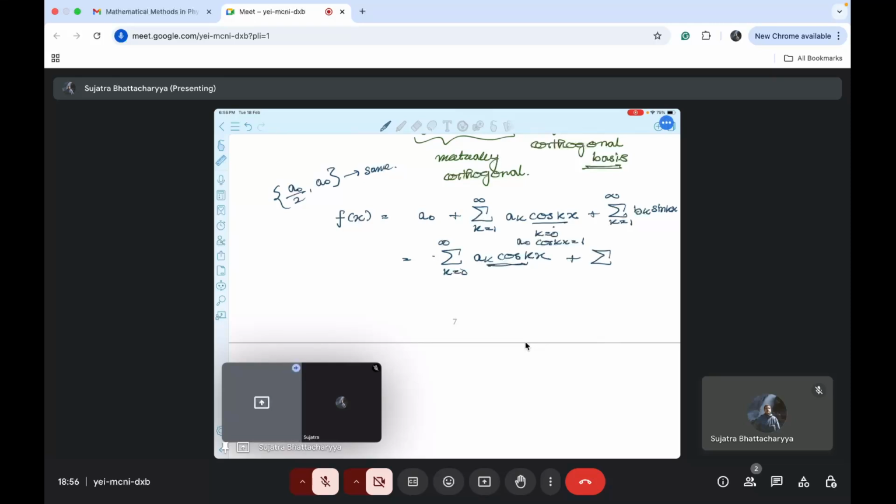Similarly, the sum from k equal to 0 to infinity of b_k sin kx. At k equal to 0, sine of 0 is 0, so b0 can be anything, but this term will always be 0, so it doesn't matter. This is another important thing.